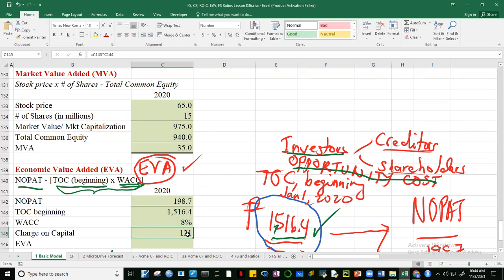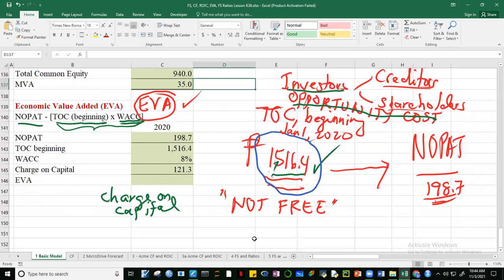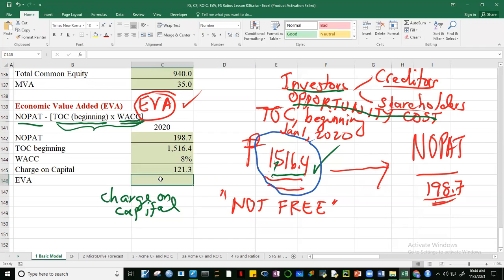It's like interest, guys. We are charging management for the use of this capital because this capital is not free. It's not free because there's an opportunity cost attached to it. The shareholders and the creditors could have used the money elsewhere. Therefore, the EVA is the operating profit minus the charge on capital.